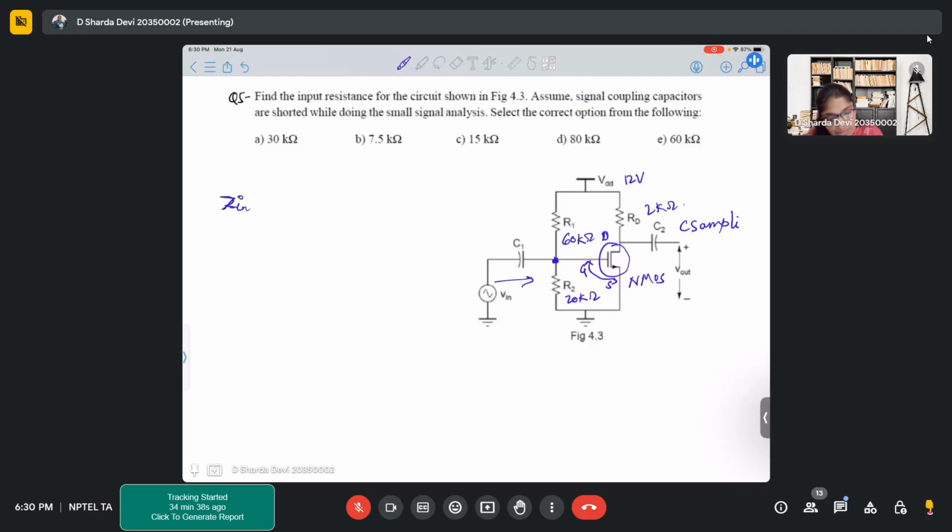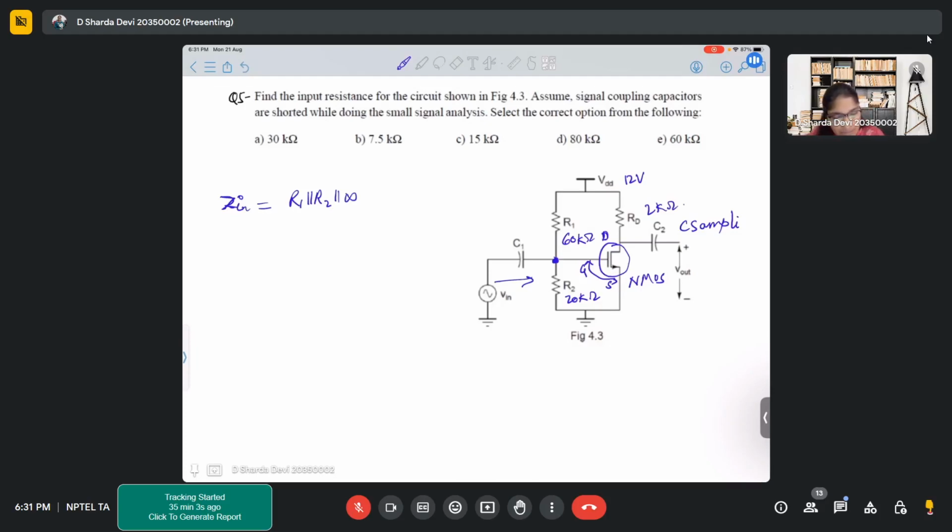R1 parallel R2. Parallel anything? Parallel infinite we can write, because RG is infinite.